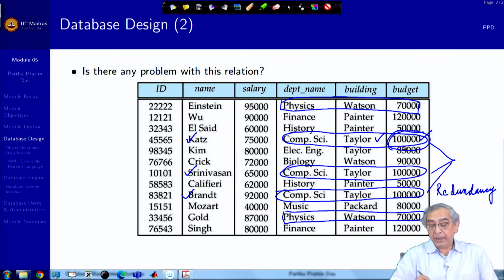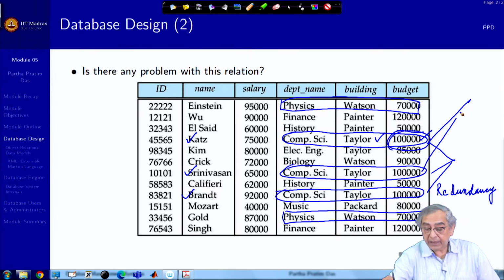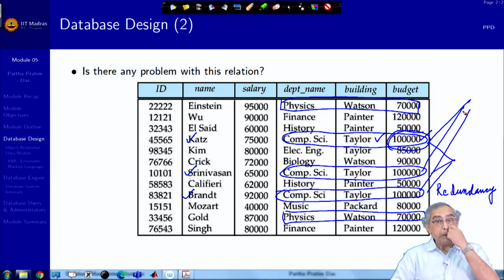Now, the point is this quantity will have to change here, here, here. So, as many faculty of computer science are there, this quantity has to be changed for all those rows. So, this redundancy means more work, and the moment you have to change it at multiple places, there is always that question of you may have done a few and may have missed a few.